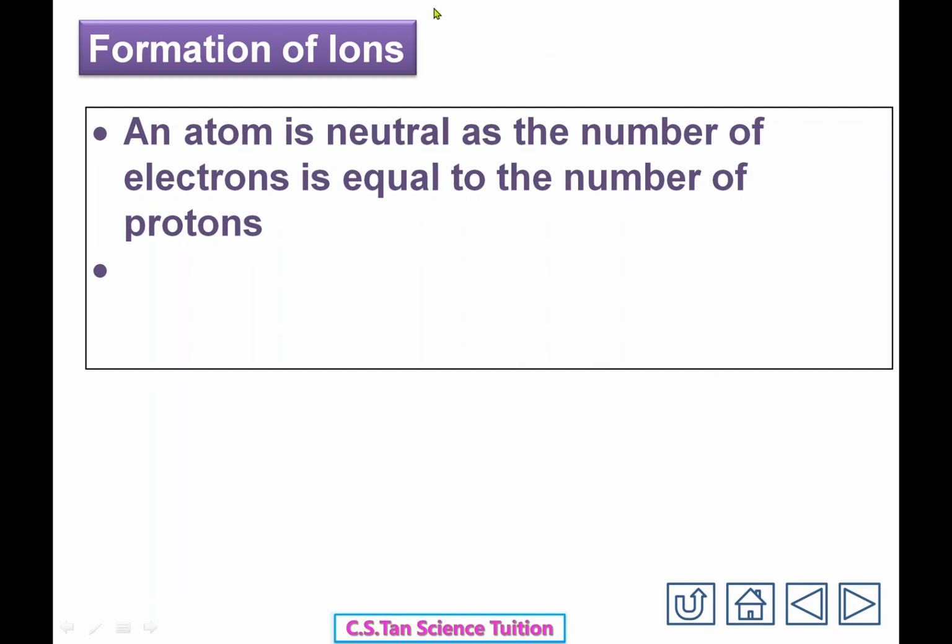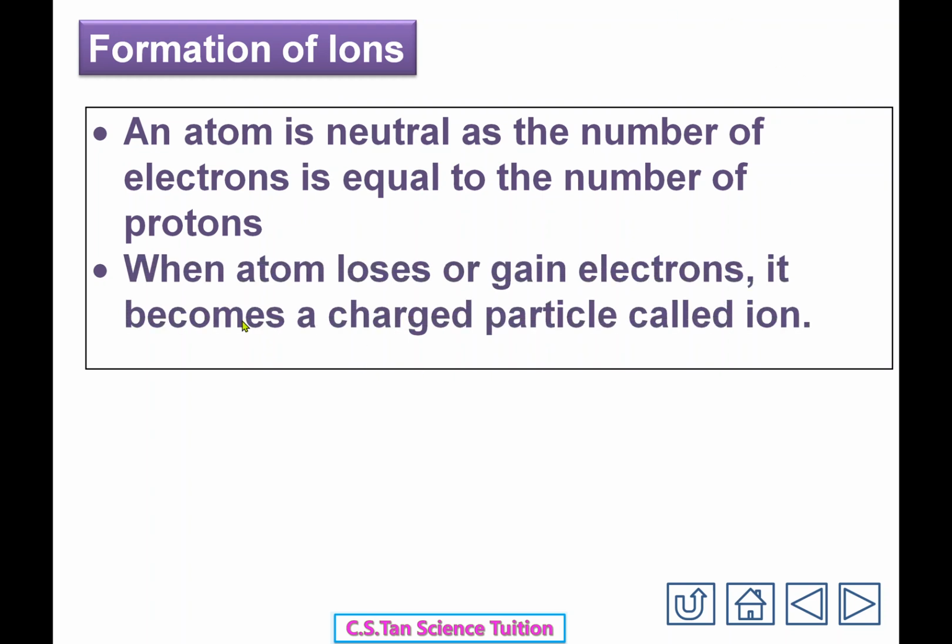Slowly, okay? An atom is neutral. When you call it an atom, it must be neutral. If the atom is not neutral, don't call it an atom. So an atom is neutral as the number of electrons is equal to the number of protons. When an atom loses or gains electrons, it will become a charged particle.